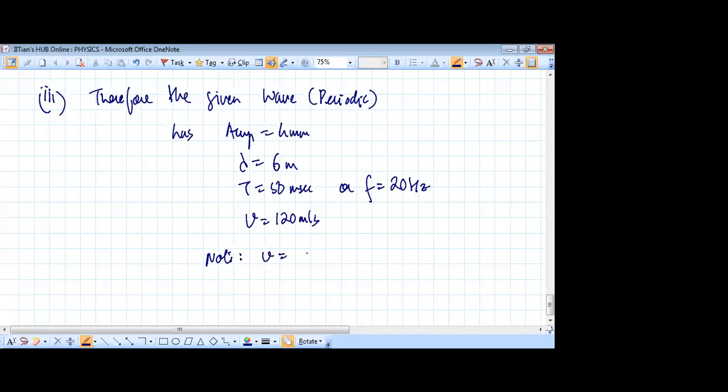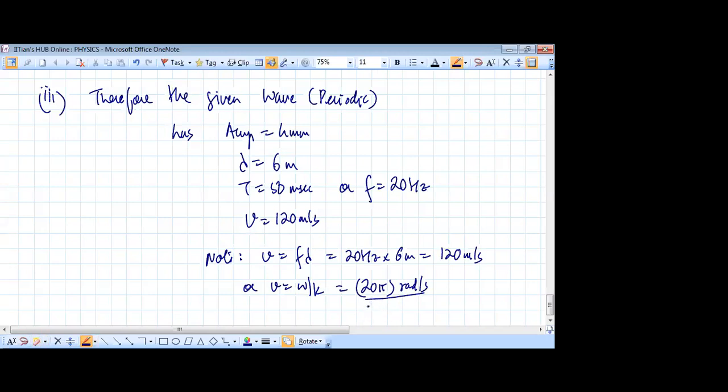that this wave speed that you're getting, you can calculate it in many ways. Like it is f lambda, so it's 20 hertz multiplied by 6 meters, or 120 meters per second. Or you can also use the formula that it is omega by k. So omega was 20 pi radians per second and k was pi by 6 radians per meter.